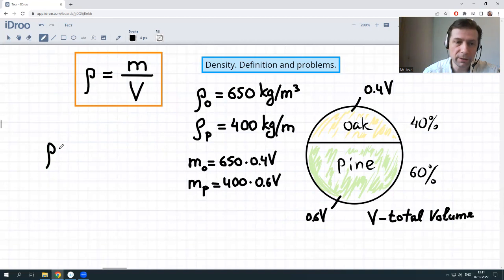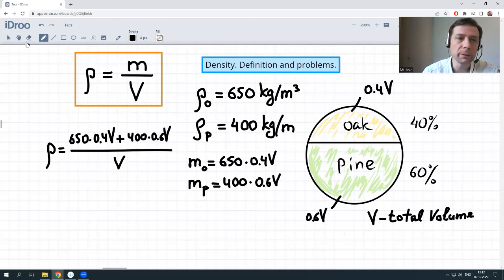Rho, average density, is equal to 650 times 0.4 V plus 400 times 0.6 V over V. Obviously, we can cancel out those V, because it's a common factor of the numerator and the denominator.